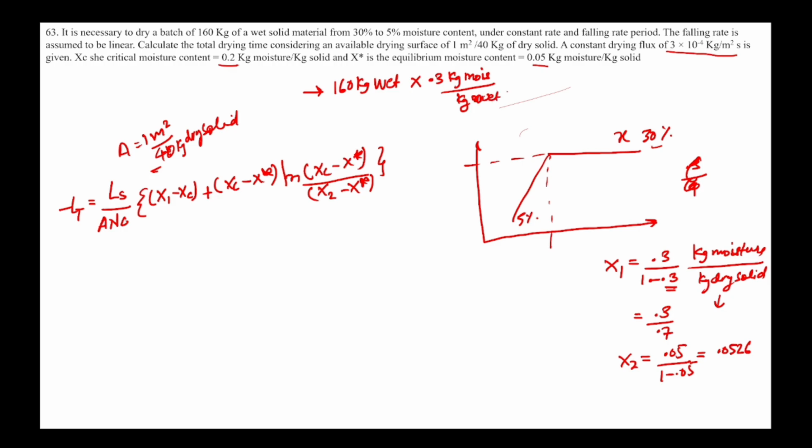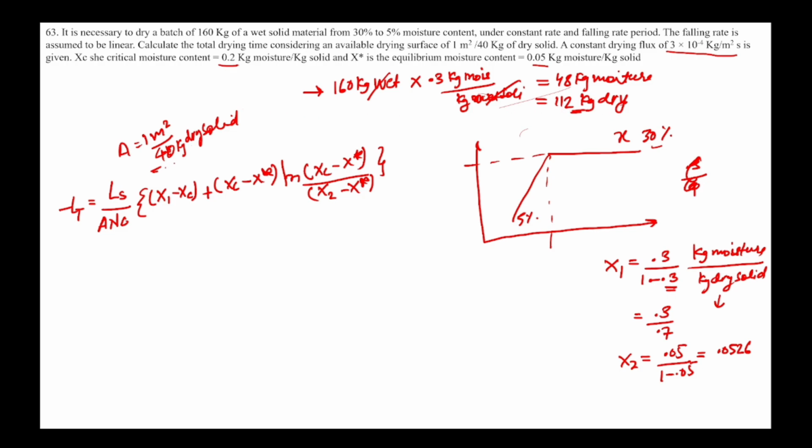Wet solid and wet solid will cancel out. So it will give 160 into 0.3, 48 kg moisture. So in the 160 kg of wet solid, 48 kg is the moisture, and the remaining 112 kg is dry stock.